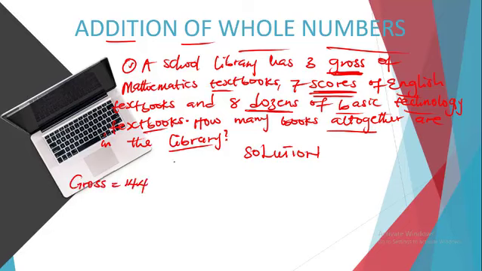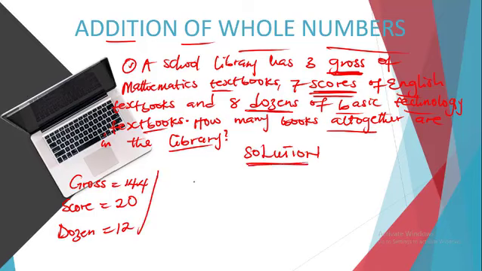So when you have gross of items, it means 144 pieces of that particular item. And score means 20. 2 scores, that's 40, 20 times 2. Then the word dozen, we are all familiar with this. Dozen is equal to what? 12.